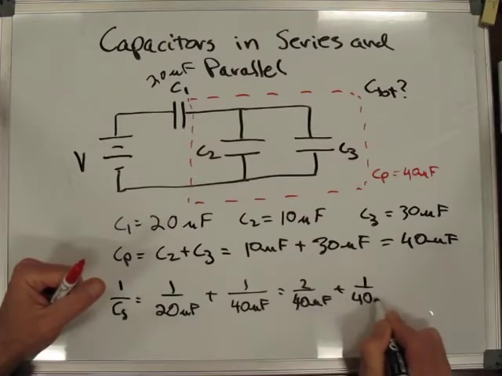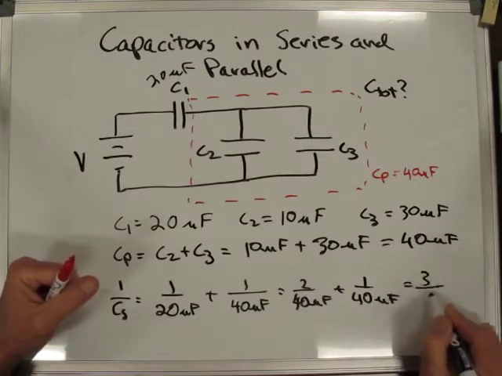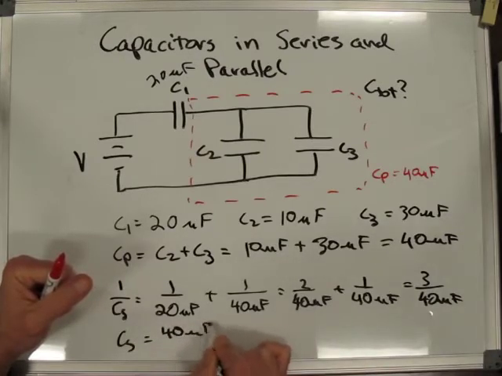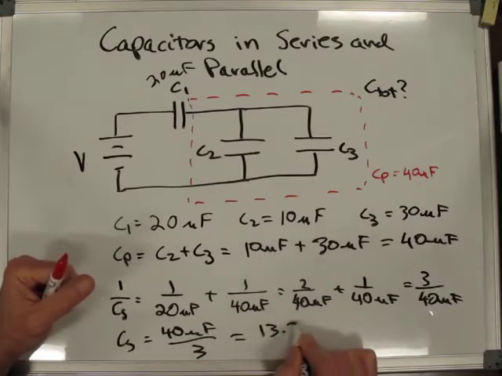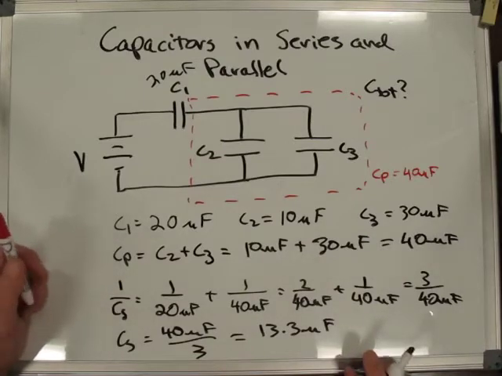I just found a common denominator. That's 3 over 40 microfarads. So C series is 1 over that, which is 40 microfarads divided by 3, which is 13.3 microfarads, and that's the total capacitance of my circuit.